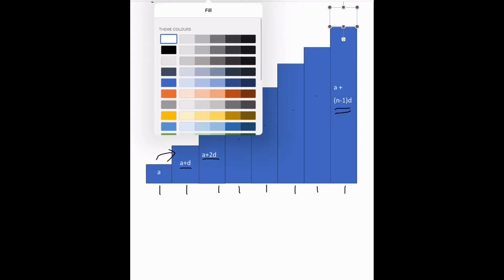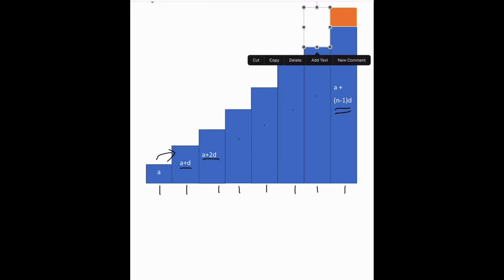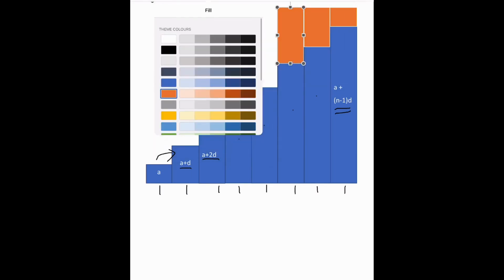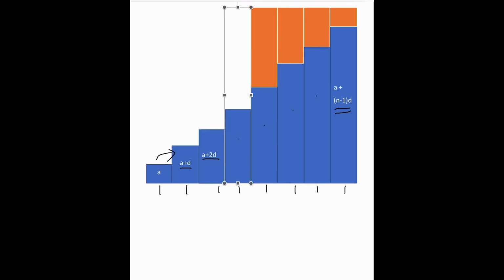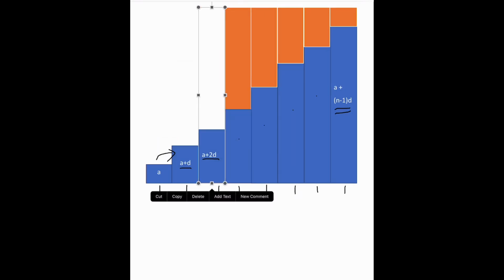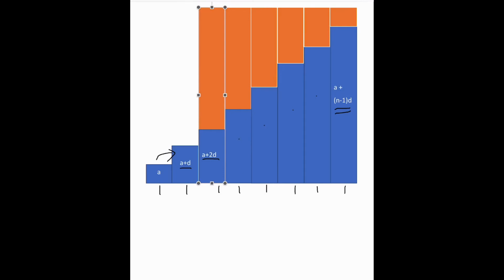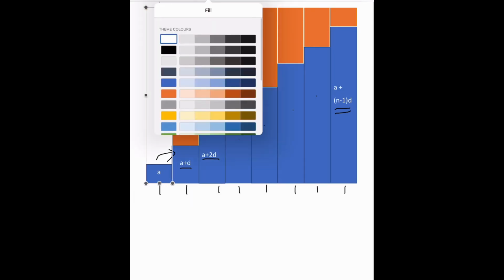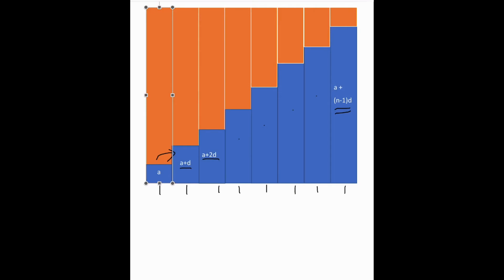So notice what I'm doing and see if you can figure out any pattern. So I am adding rectangles to convert the blue figure into a rectangle now. Now, if you notice, you'll see we've got a rectangle.